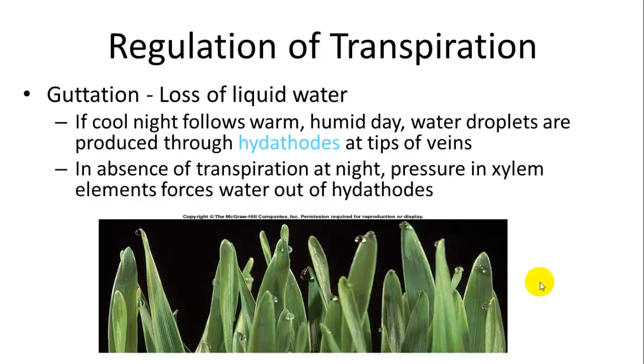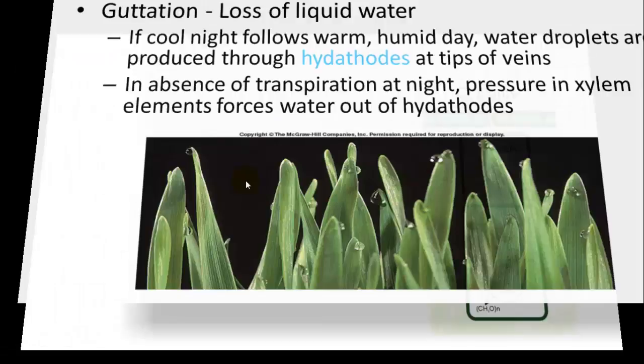At night, pressure in the xylem, cohesion and tension, and osmosis will cause the water to be pushed out of these small pores called hydathodes, and that leaves these drops of water on the plant. So that whole process is called guttation.